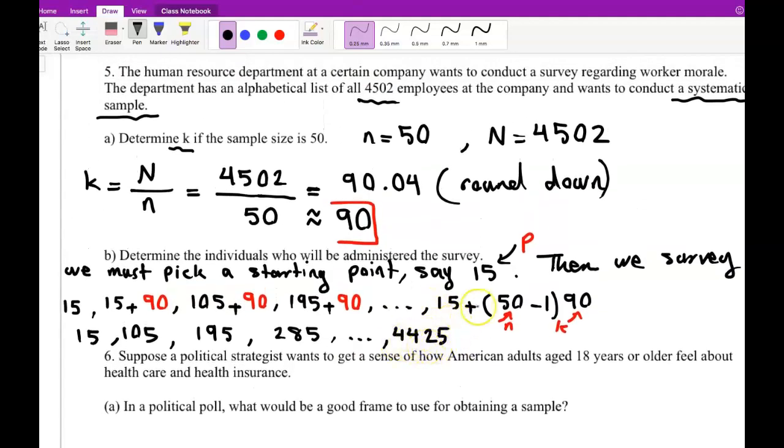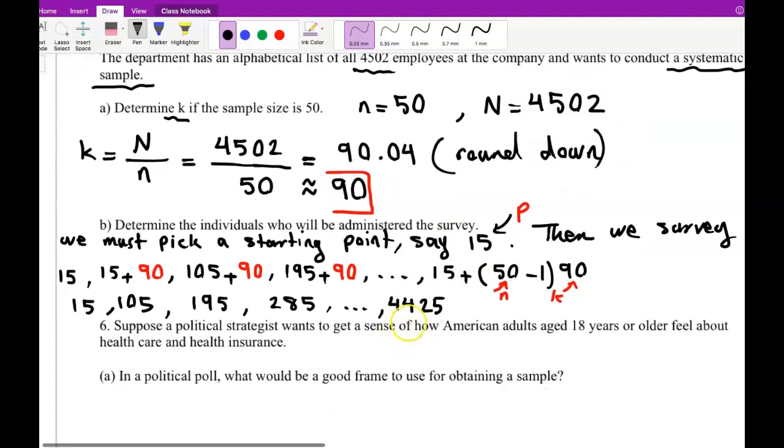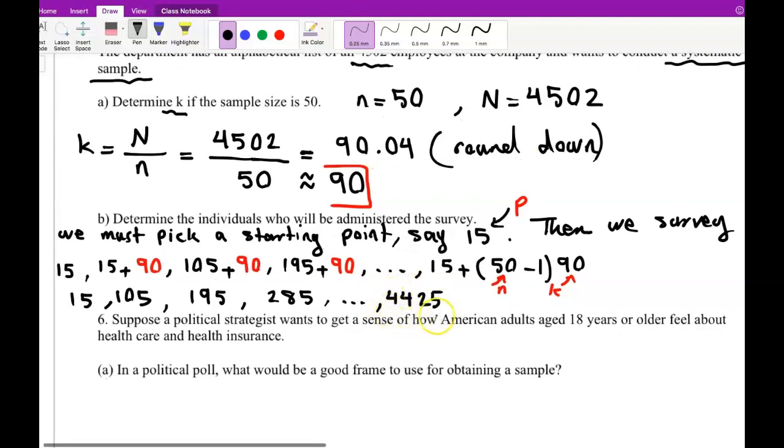See, this number should be less than what we have here for population size. This is 4,502, and here the final number that we got for our sample is 4,425. If this one was larger than this number, that means that you made a mistake here, and that is not correct.